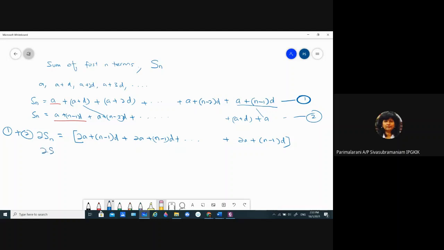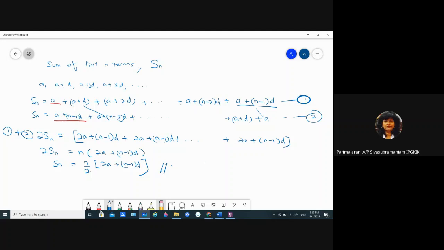So from here we know that 2Sn is n times 2a plus n minus 1 d. Therefore Sn is equal to n over 2 times 2a plus n minus 1 d. This is the formula to find the sum of n terms.